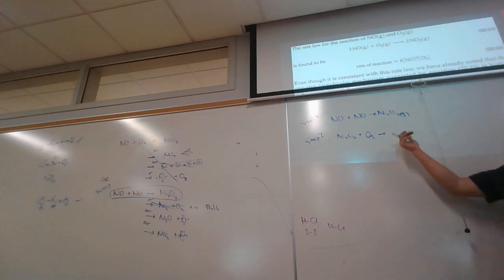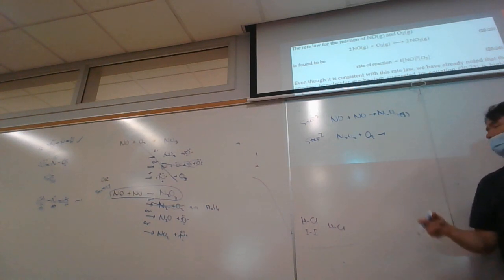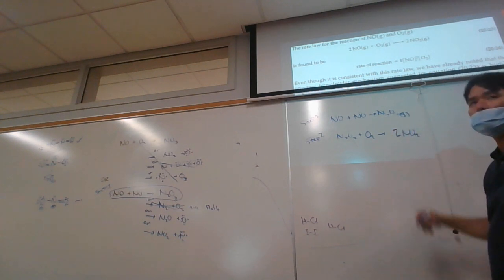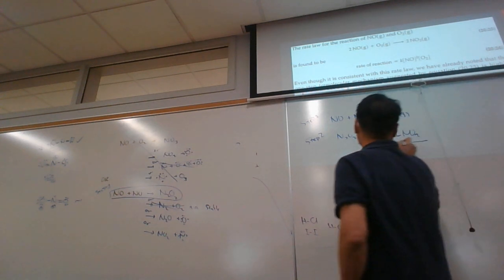And so what do you think forms here? N2O2 plus O2 would form maybe N2O4, but N2O4 can break apart into two NO2s. And so we'll leave it like that and then see if this works out.